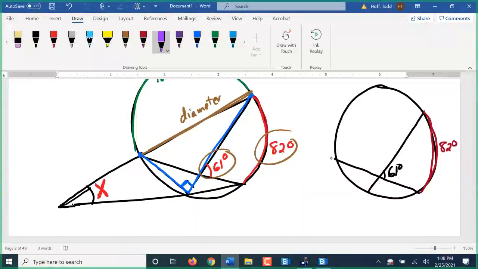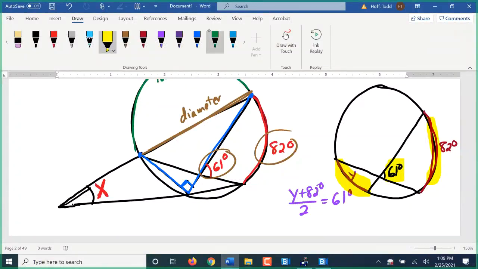What I can find from that is this arc over here. I call that y because I'm already using x. I know that y plus 82 degrees divided by 2 equals 61 degrees. The average of these two arcs gives us that angle.